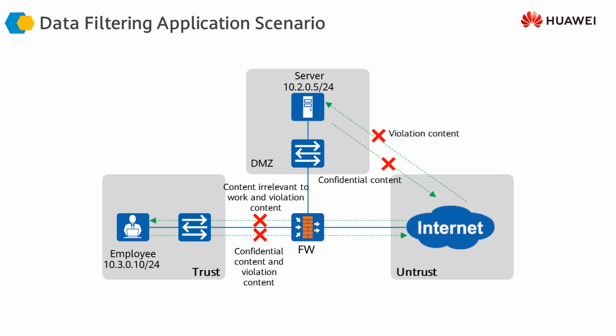Similarly, going to our DMZ, if our employees are trying to send some confidential content or violation content out, or they are trying to import certain types of files which contain non-work related information or any violation content, whichever we have defined, we could block that traffic and we could block that data from entering our network.